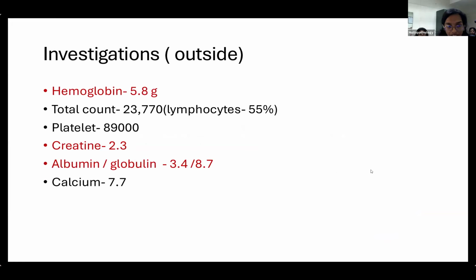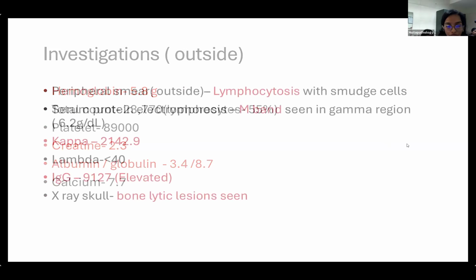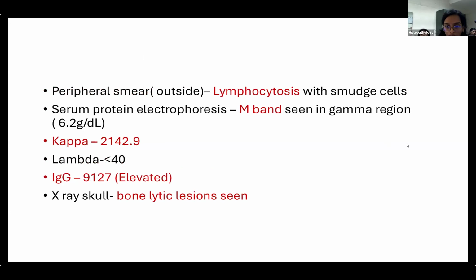On investigation, which was done outside, hemoglobin was 5.8, total count elevated. Lymphocytes were 55%, platelets reduced, creatinine was elevated, albumin globulin ratio was reduced, globulin was elevated, serum calcium was within normal limits. Peripheral smear done outside showed lymphocytosis with smudge cells.